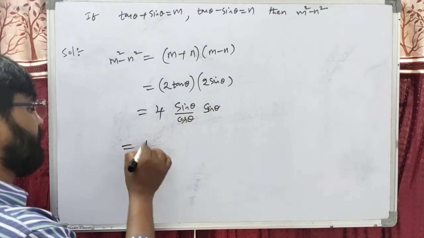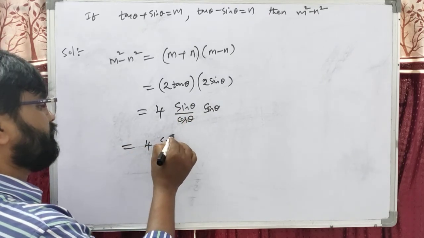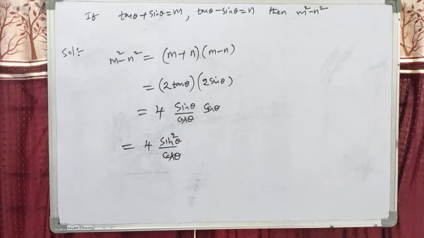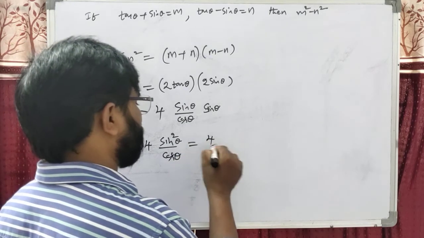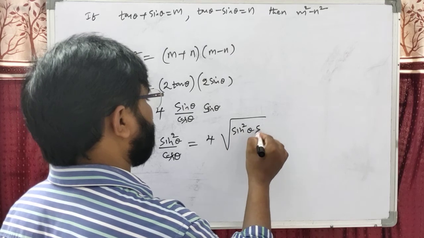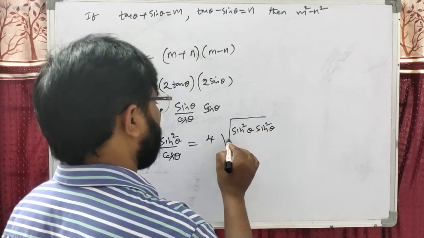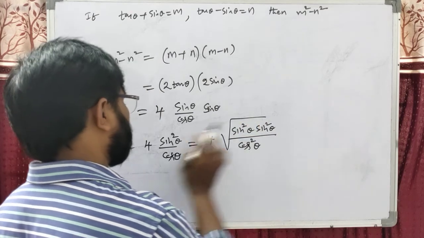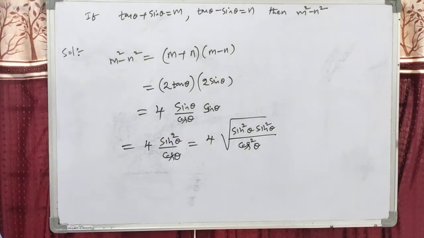Dear students, we can write this as sin square theta by cos theta. What, students? Sin square theta by cos square theta. We can write this as sin square theta, sin square theta, cos square theta. We can write sin power 4.